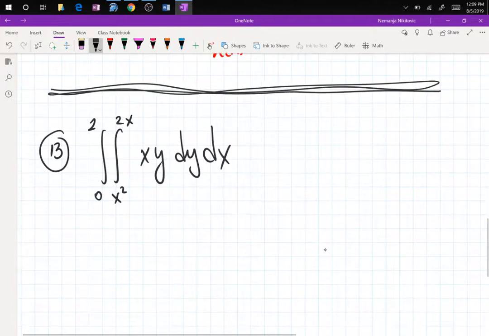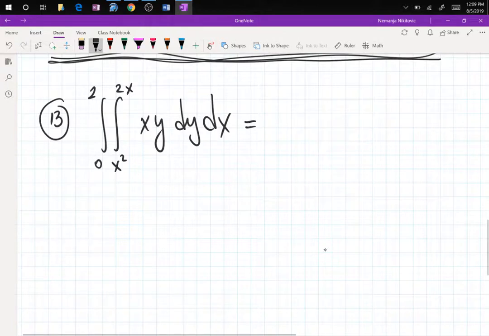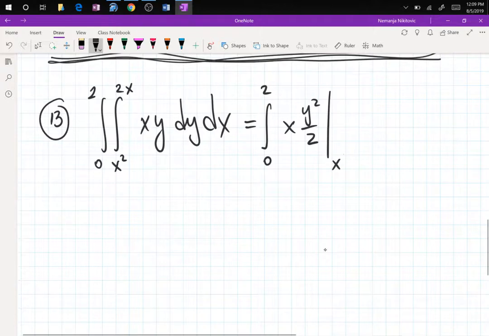Well, the inner integral is in terms of y. So copy the outer one, 0 to 2. The integral in terms of y becomes y squared over 2. We copy x because that's constant. And now you get to plug in the limits that are x squared and 2x inside the y.